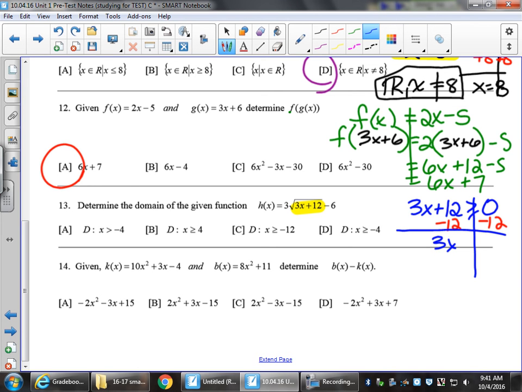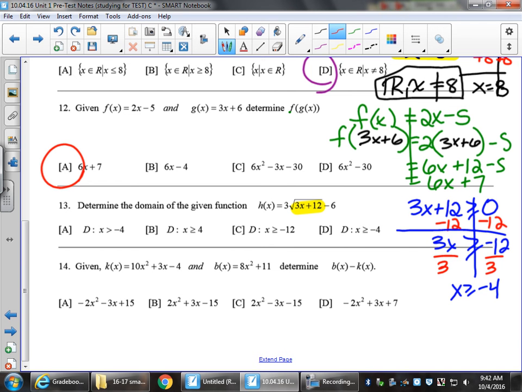Caution, don't lose your inequality. Sometimes I see people start with an inequality and then suddenly it becomes equal. Don't do that. Keep the greater than or equal to. Negative 12. We're not going to change the inequality sign here, just because the numerator is negative. You did not divide by a negative. So it stays. My right answer is D.